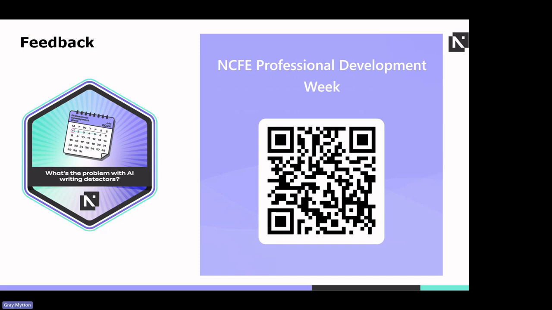So when you use these detectors, it's really important that you don't just use these detectors, but that you use them to inform a wider process and a wider investigation into potential misuse by a student.